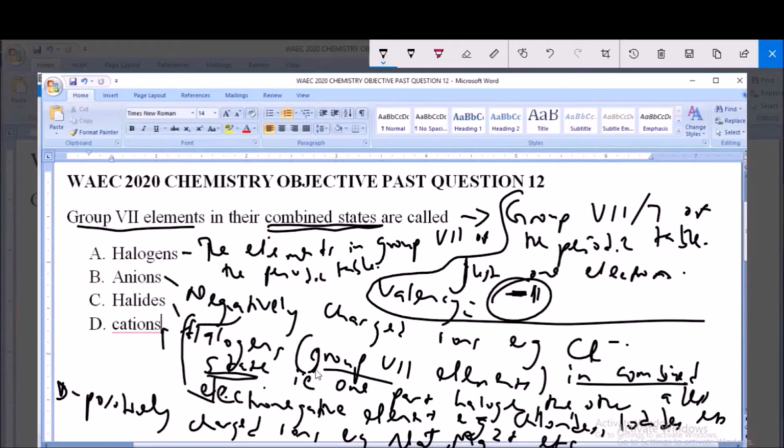That is, when the halogens have reacted with a less electronegative element, they form what are known as halides, the halogens in the combined state. So group 7 elements, halogens in the combined states, are known as halides.